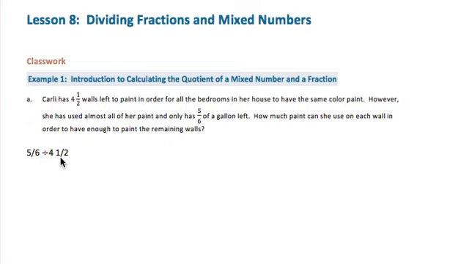The only way to turn a mixed number into an improper fraction is to find out how many parts you have in the whole number and then add those parts to the fractional part that you already have. That can be done on a number line if you're not quite sure yet, or there is a standard algorithm for that as well, which is multiply 4 times the denominator and then add your numerator.